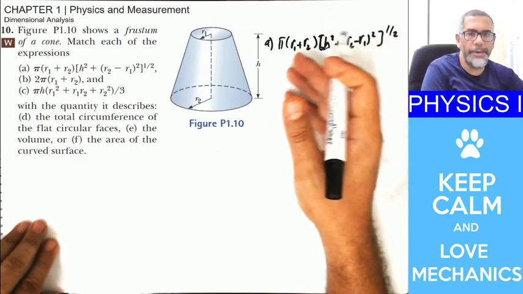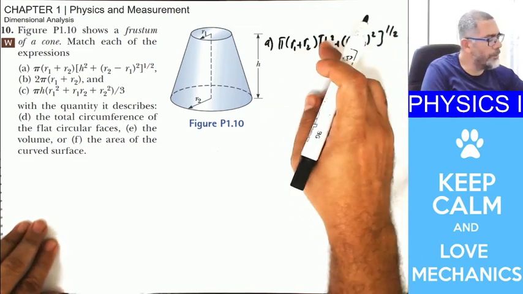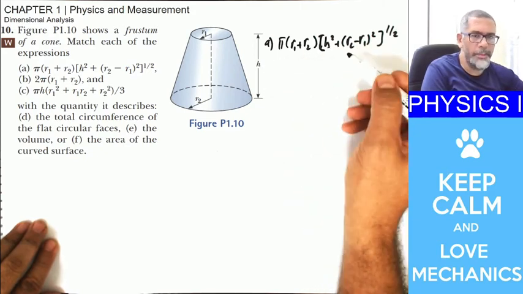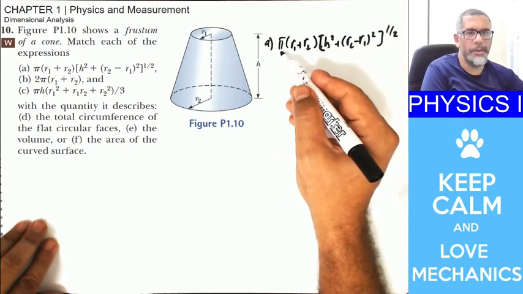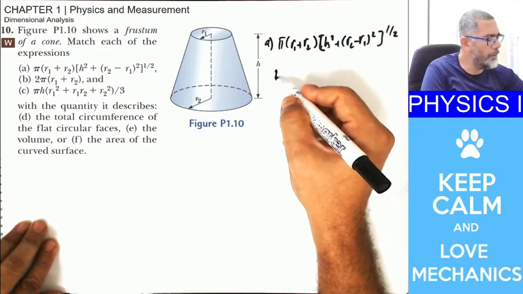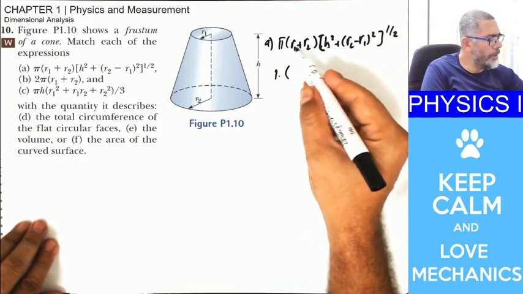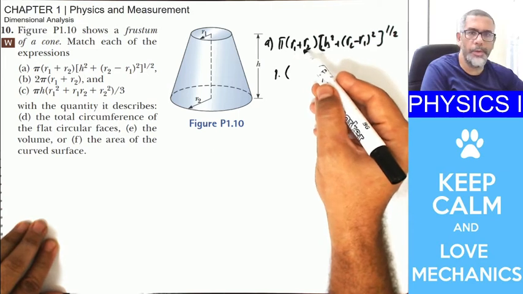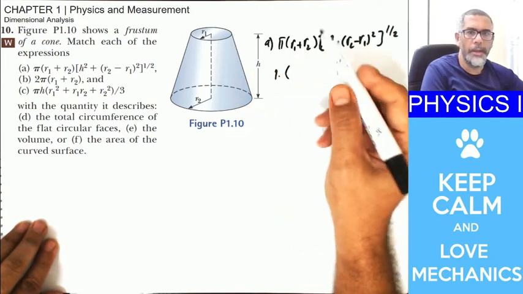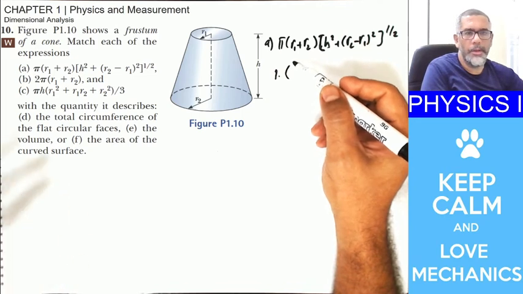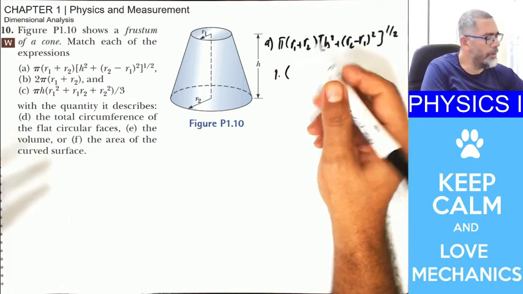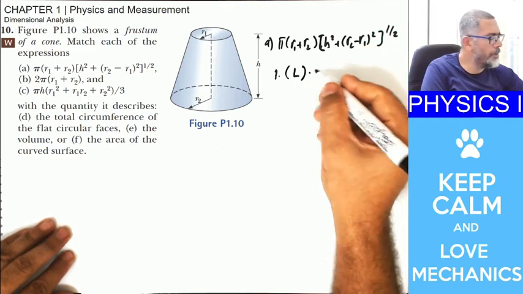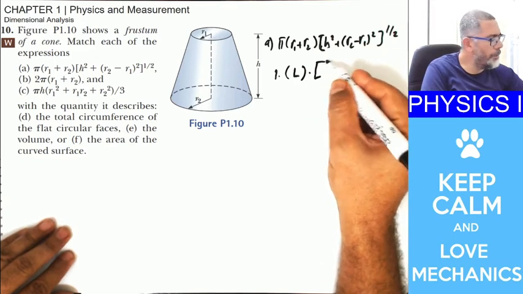How do you find the dimension of this expression? Take the square bracket of each and every term. Well, pi is just a number. It has dimension 1. The curly bracket has inside the sum of the two radii of the circles, where radii has the dimension of length, so it's just L. And this is going to be multiplied by the square bracket.